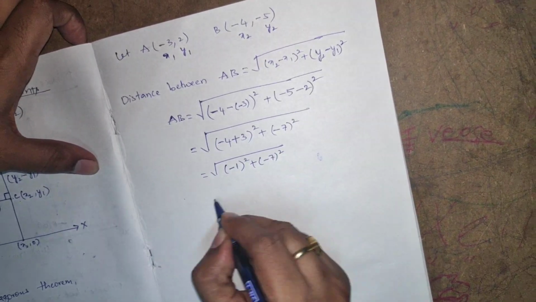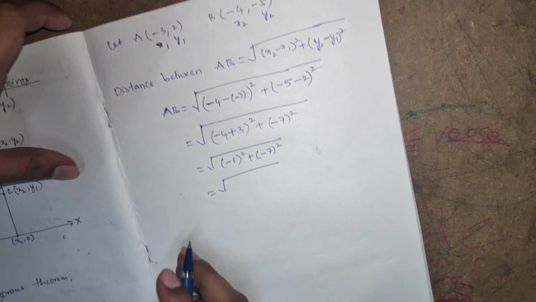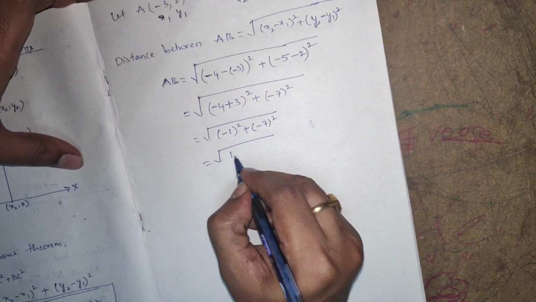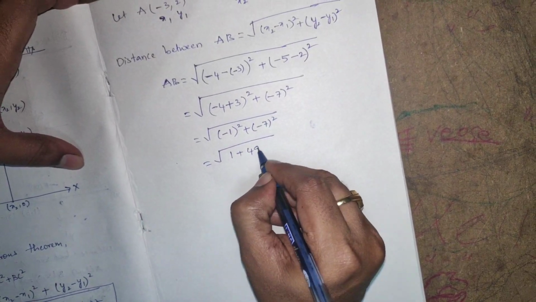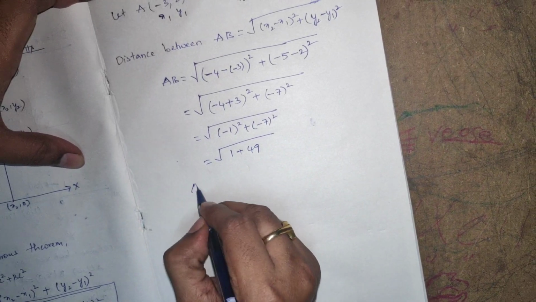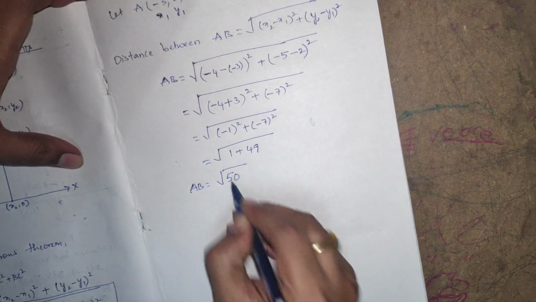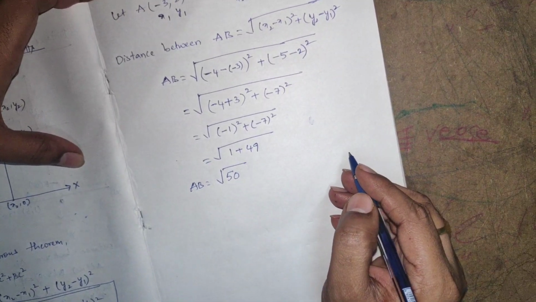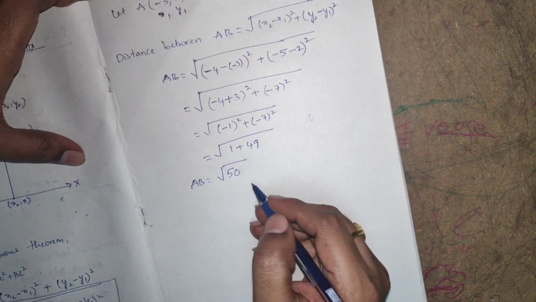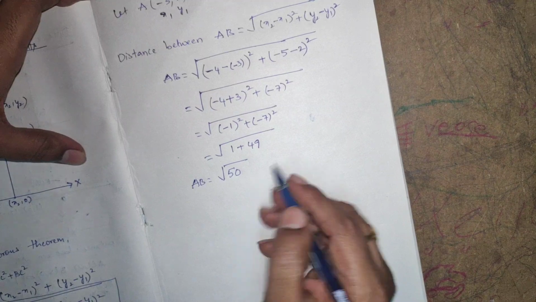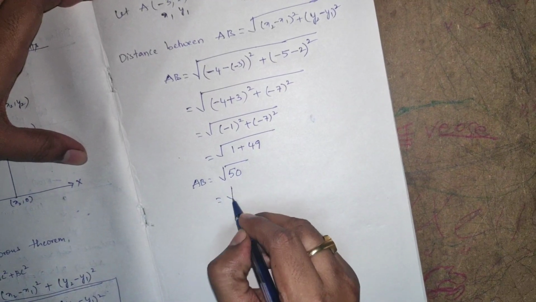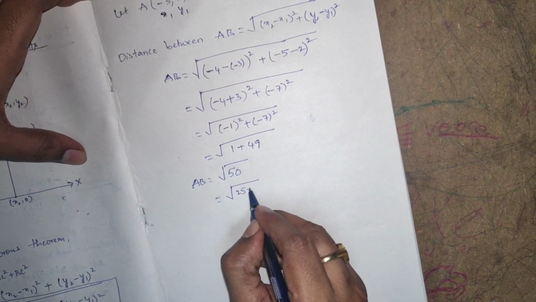We'll get root of 1 square is 1 and 7 square is 49. Therefore AB is equal to root of 50. So can we further simplify this one also? Yes, it can be. 50 can be written as 25 into 2.